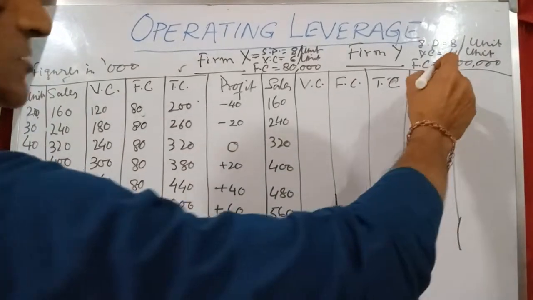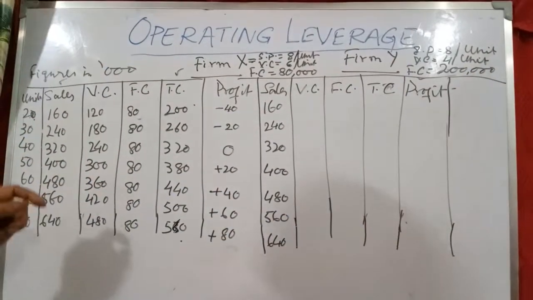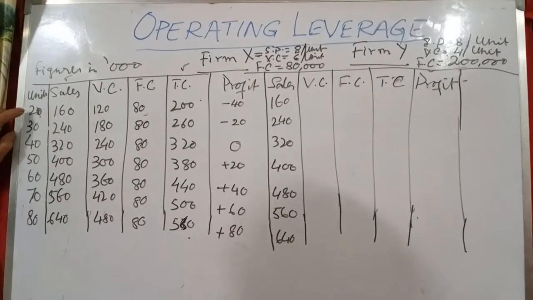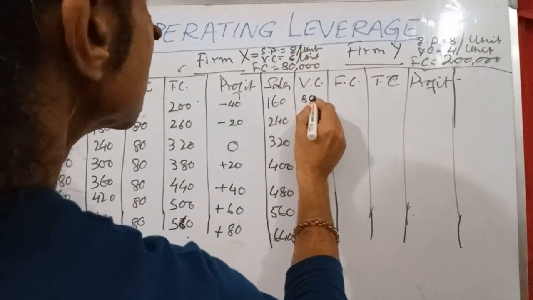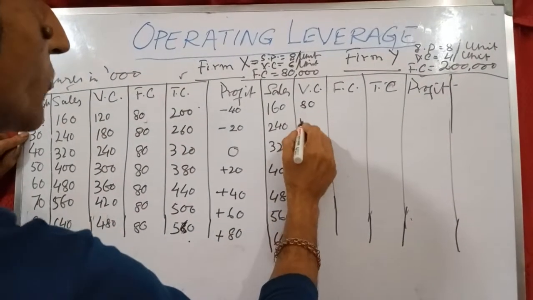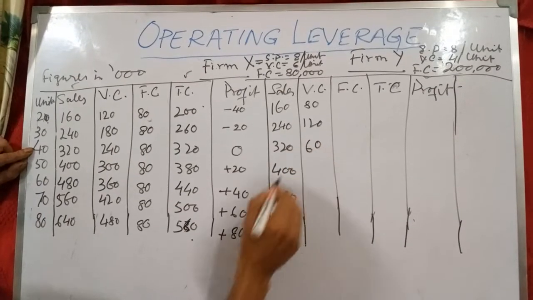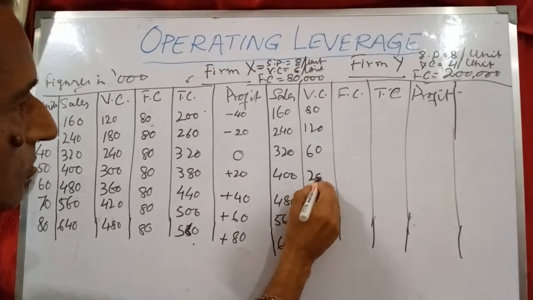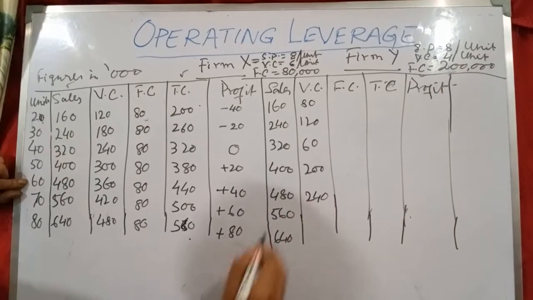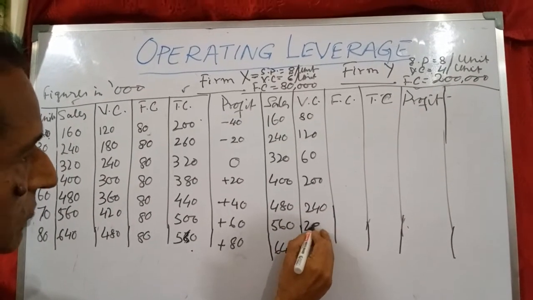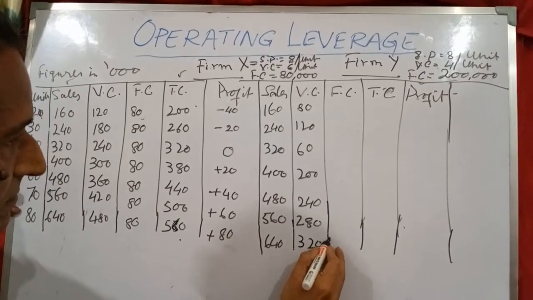The variable cost per unit for firm Y is 4. So 4 into 20,000, that is 80, 120, 160, 200, 240, 280 and 320.